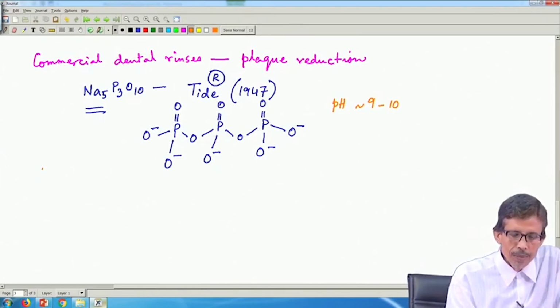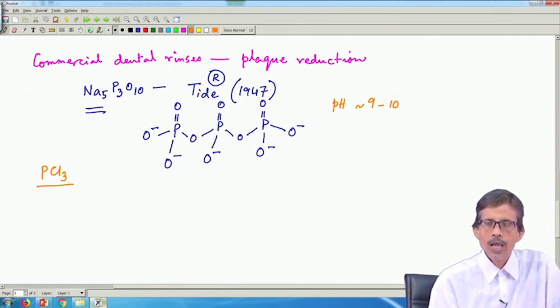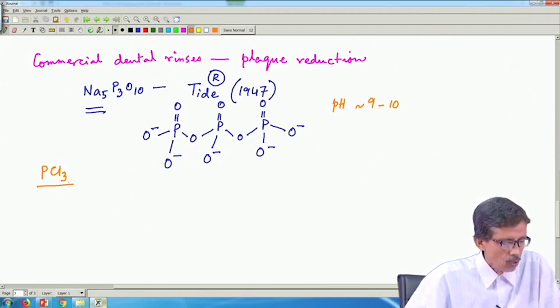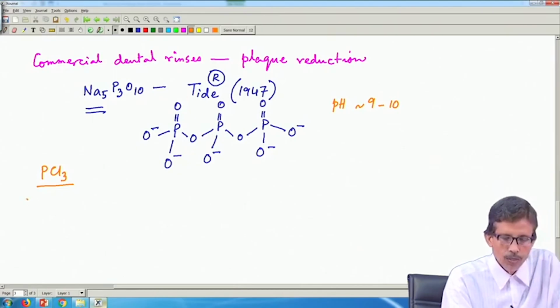Before that, let us see how we get one more compound which is also very commercially useful, and it is prepared on a huge, large scale. It can also be a precursor for different types of organophosphorus compounds.